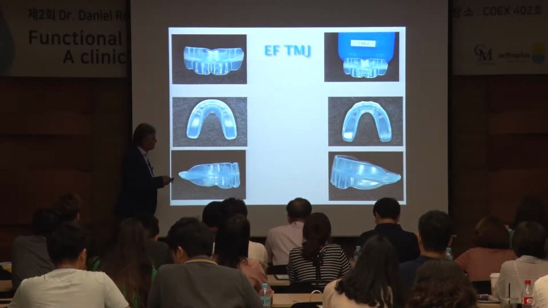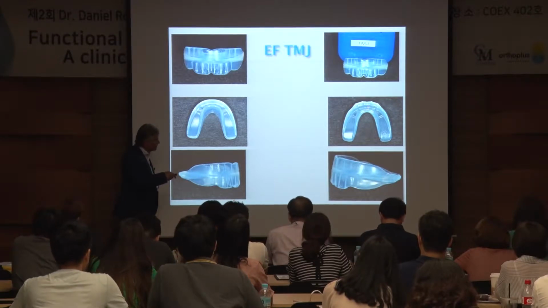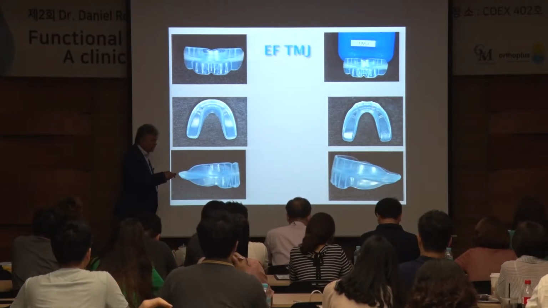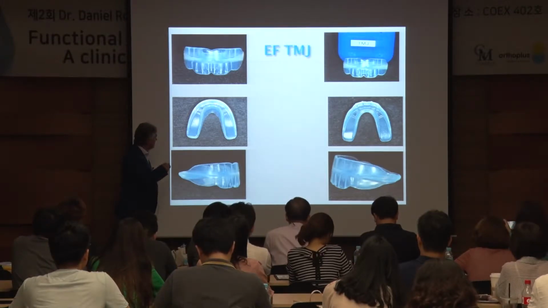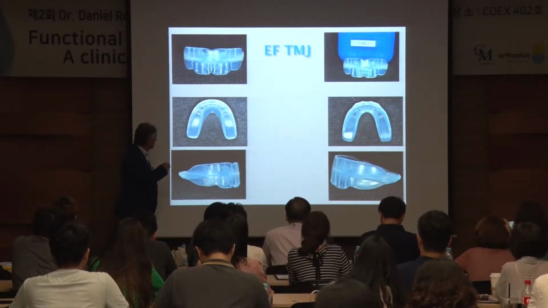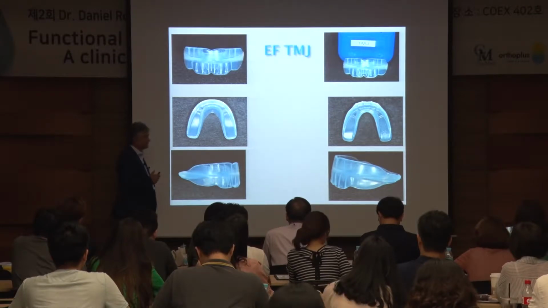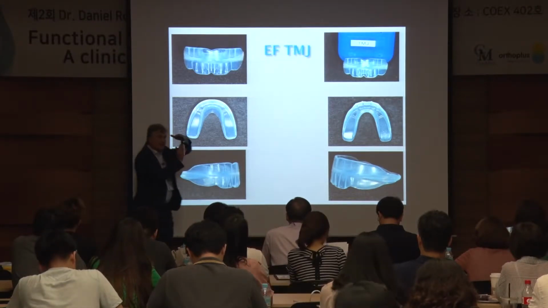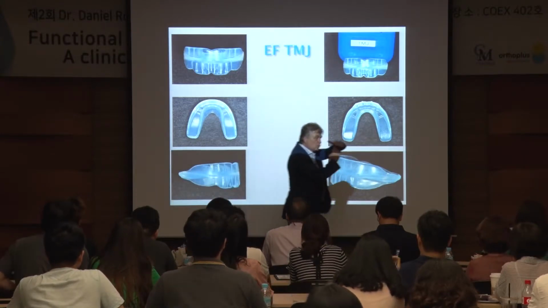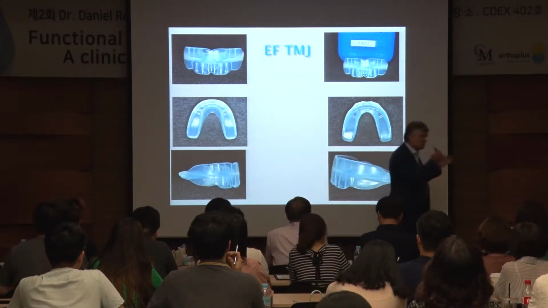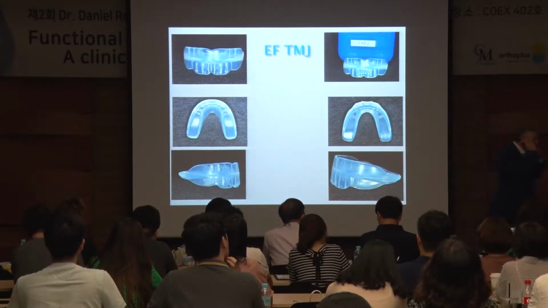Here we have 3 mm for the lower, so the whole mandible has 3 mm of play, and 2 mm for the upper. It means that you can have 5 mm to obtain a comfortable position for the condyle.